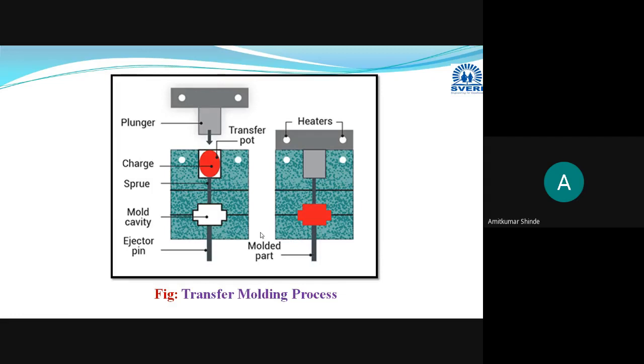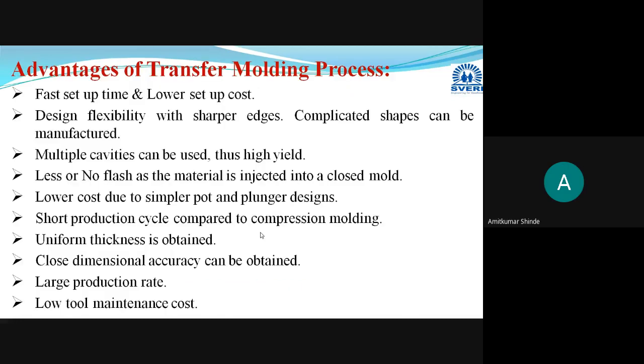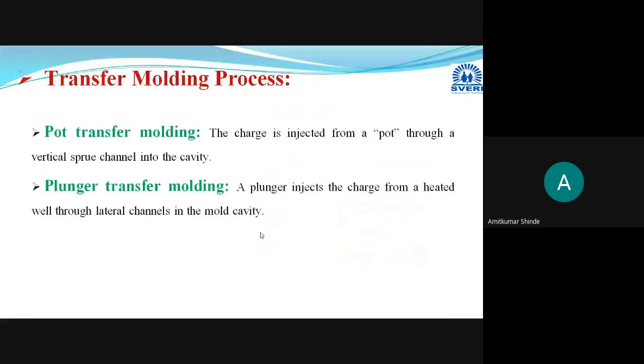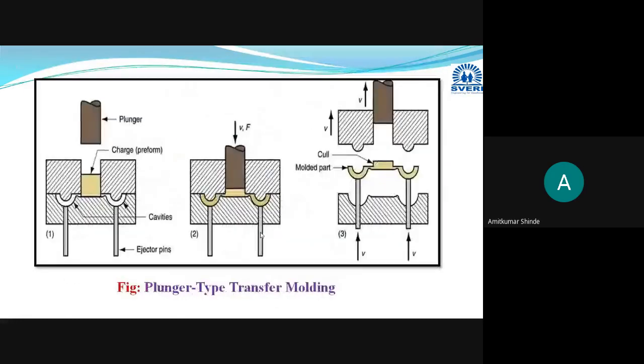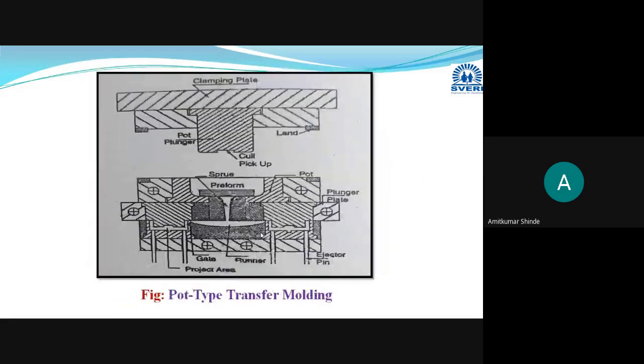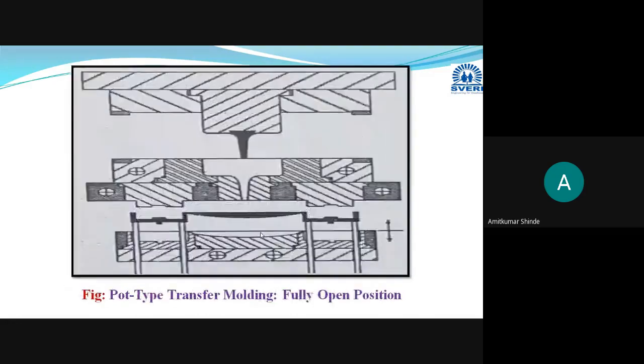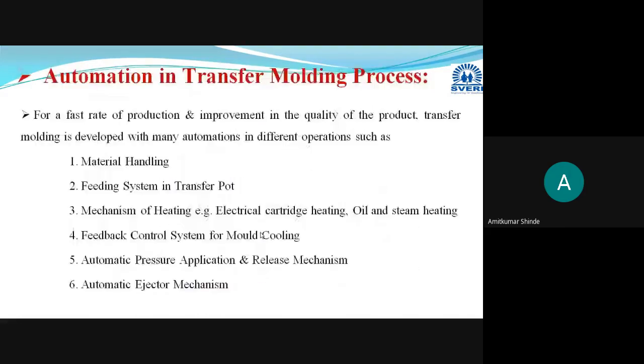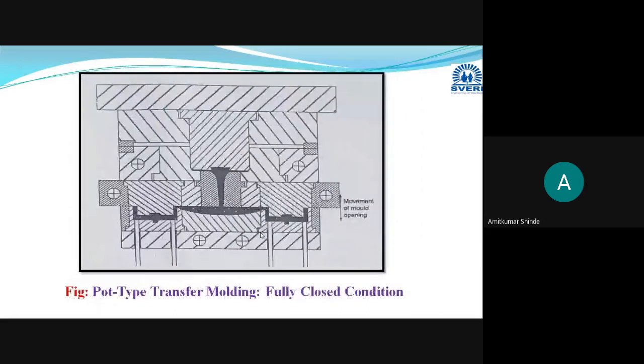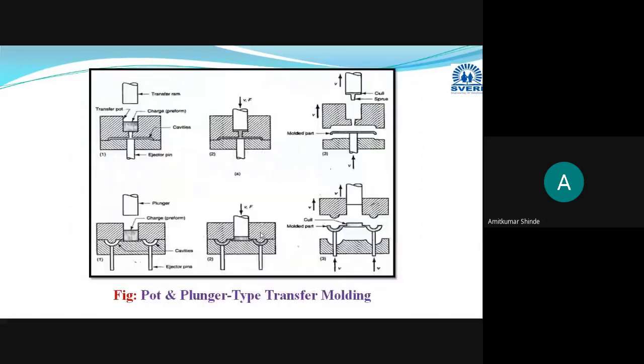Along with the automation part, this part I have already discussed, but I will take a review. We will conduct a brief discussion related to pot transfer molding and plunger transfer molding, and automation. Now I will start this session.